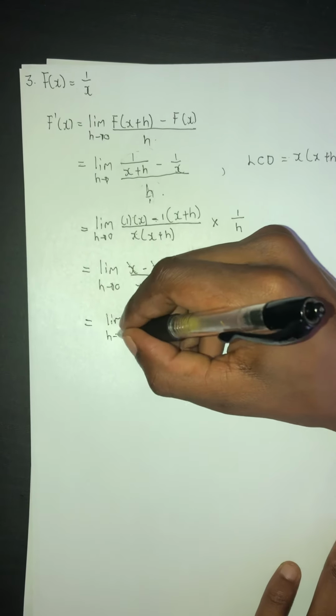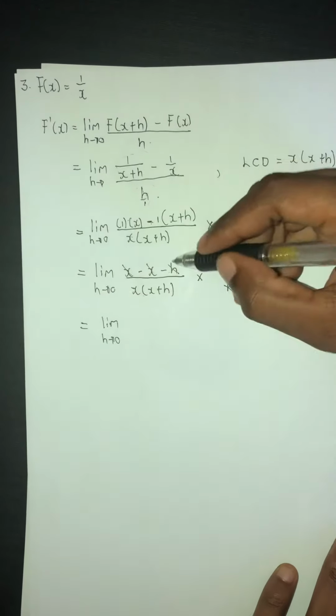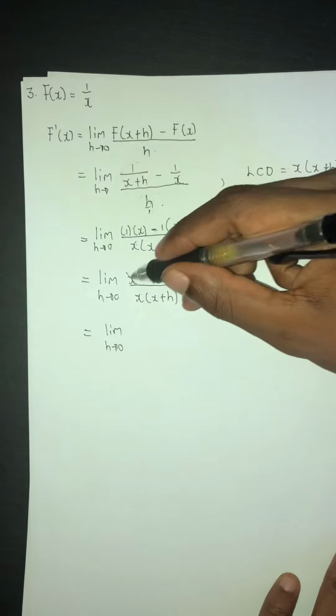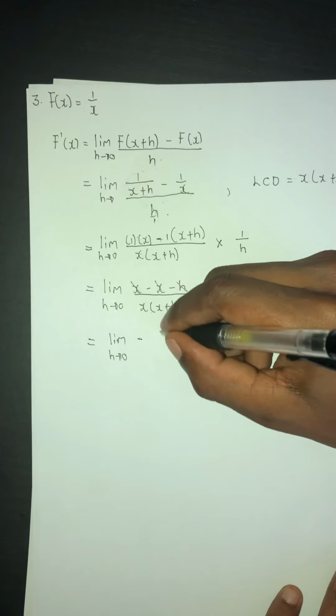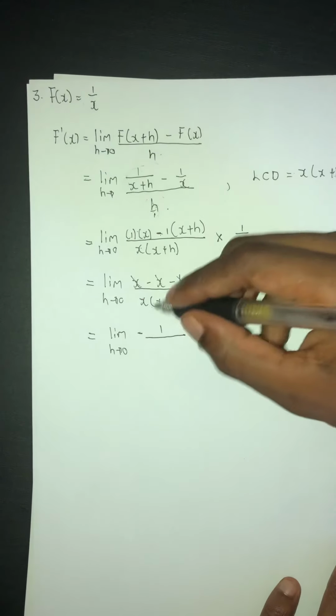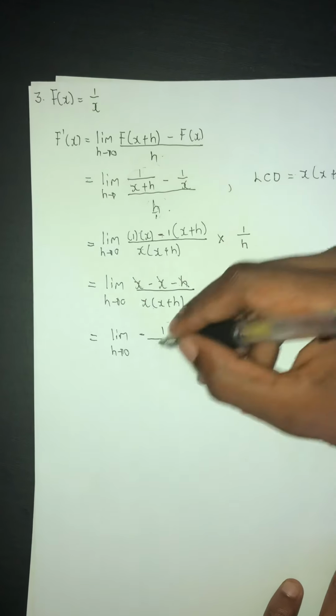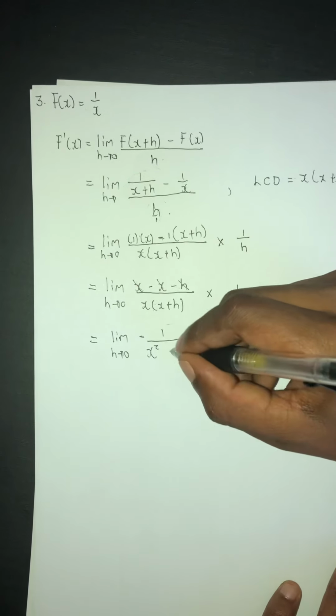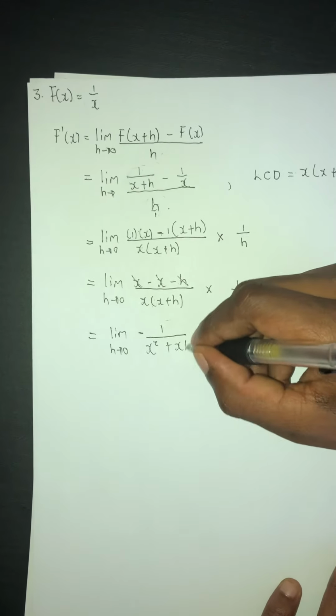Then I'll be left with lim h approaching 0. On top here, I cannot say I'm left with 1. I'm left with negative 1, in fact. Negative 1, because the h and the h's cancelled. And here, I will have x squared, allow me to break the brackets, plus xh.